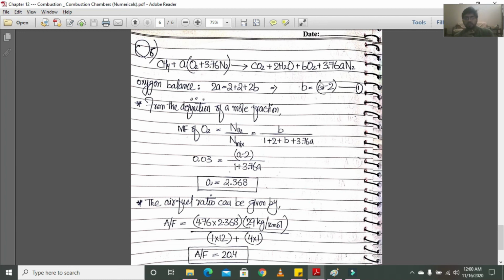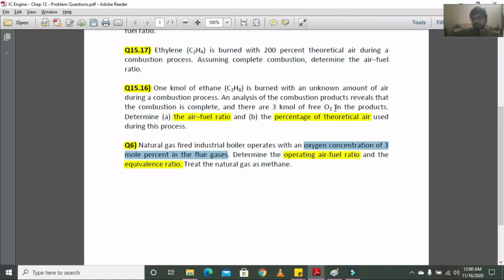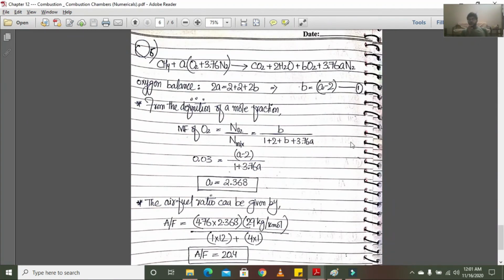The next thing which was mentioned in the question, and it is a very important thing for the solution here, is that 3 mole percent of oxygen is present in the flue gases. So I will utilize the intermediate concepts of the mole fraction here. We studied that the mole fraction of any gas is the number of moles of that gas divided by the total number of moles of the mixture.